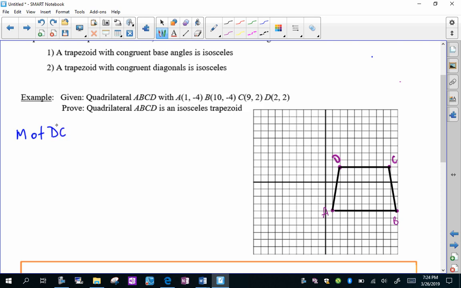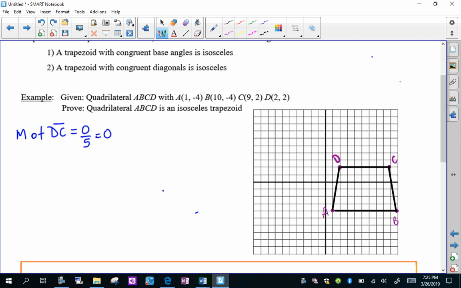That's line segment DC. And I can use the grid. It's pretty clear that the rise for that line is 0. Now if you don't believe that, you can put in your points, you can put in your slope formula. And the run, you can pick any point you want, but let's say it's 5. Well, that slope is going to be 0.